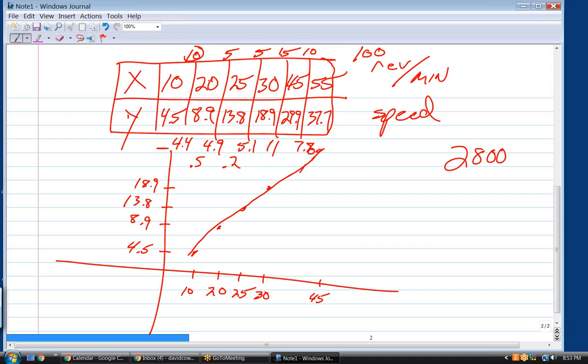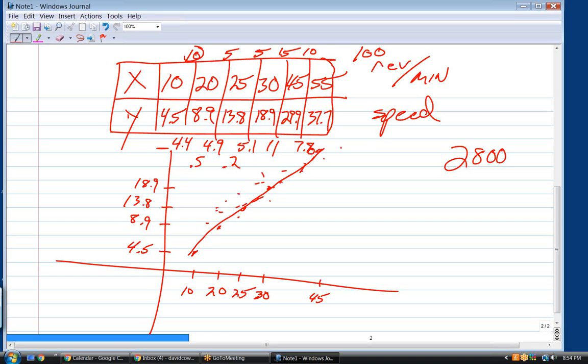In other words, we go from 10 to 20, and we go up by 4.4. When we go from 20 to 30, we go up by twice that much. So this looks very linear, but not exactly linear. In other words, we have some scatter. If I plot these dots, they might look more like that.